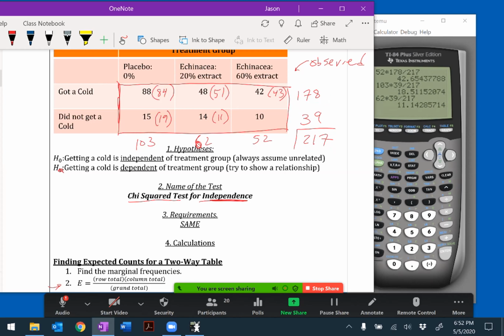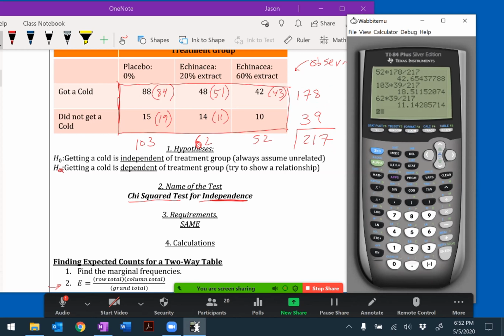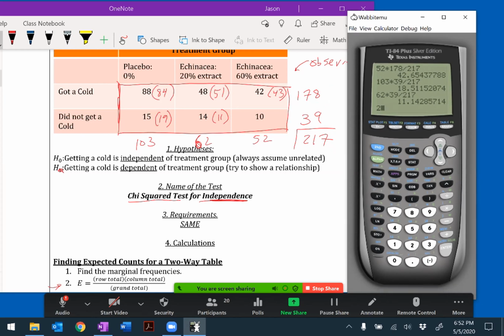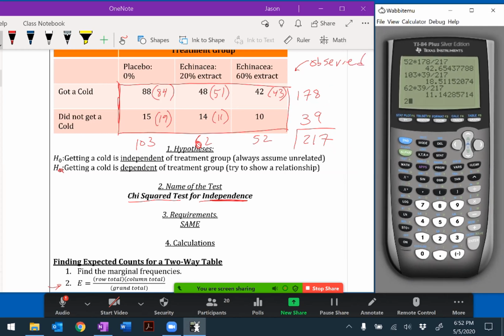I'll erase those. 52 times 39. Okay, 52 times 39 divided by 217 is 9.